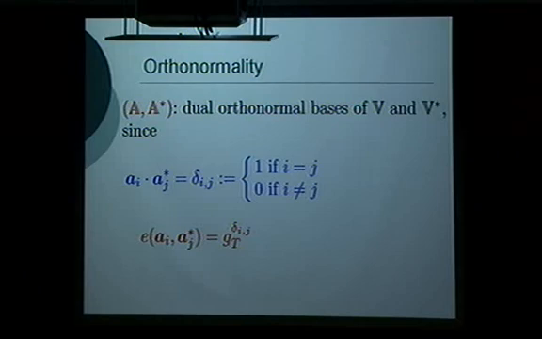So the pairing of A_i and A_j star is GT to the Kronecker delta. If i equals j, then it is GT, and if i is not j, this value is 1.